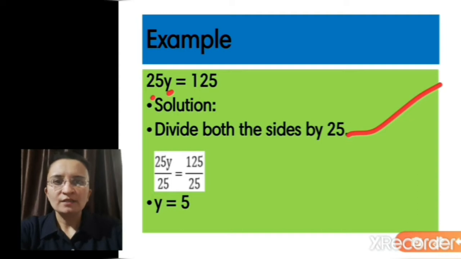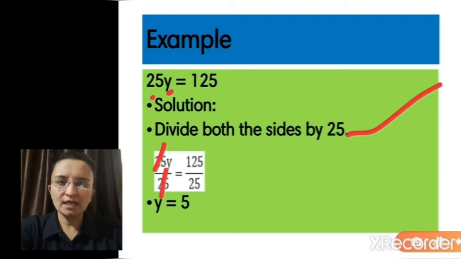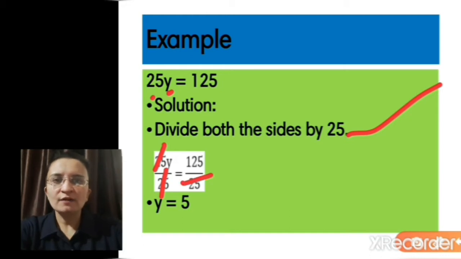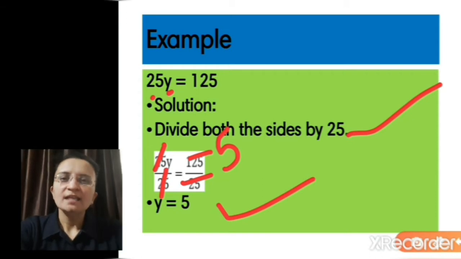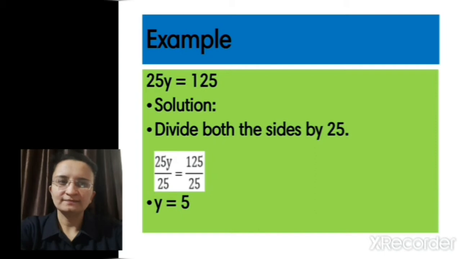Look, 25y divided by 25 equals 125 divided by 25. Here we have 25 in the numerator and denominator, so we can cut it. 25 fives are 125. So what will be the solution for the given equation? y equals 5. In this way you can solve the following equations.